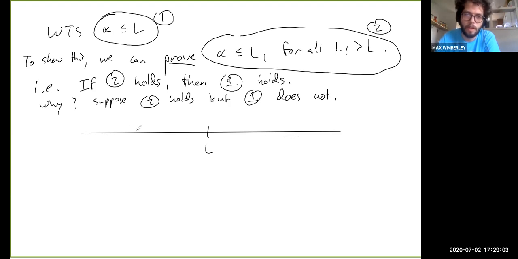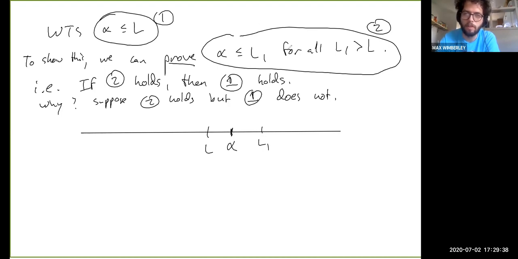If 1 does not hold, that means alpha is bigger than L, so let's put alpha over here. But if 2 also holds, we should be able to pick any value of L1 bigger than L and know that alpha is less than or equal to L1. Sure, we could pick L1 over here, and there would be no contradiction.